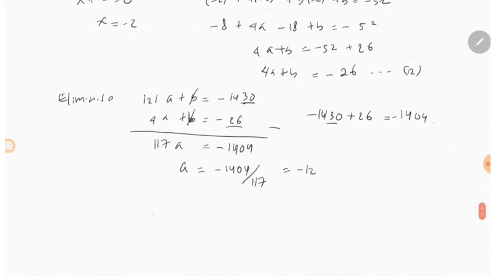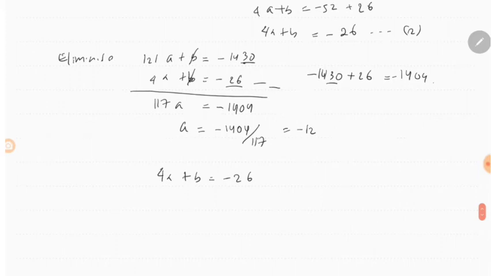And for b, we take the second equation, 4a plus b equals negative 26. 4a is 4 times negative 12, which is negative 48, plus b equals negative 26.